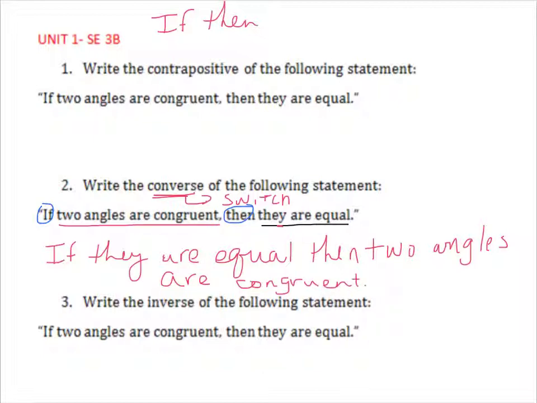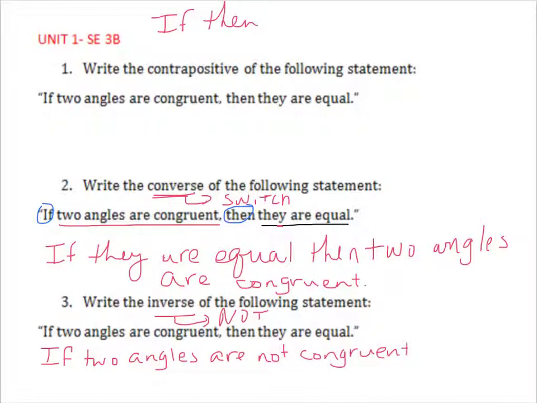Okay, then to write the inverse, we add the word not. So the order doesn't change, so we have if two angles are not congruent, then they are not equal. And then the contrapositive, we do both.